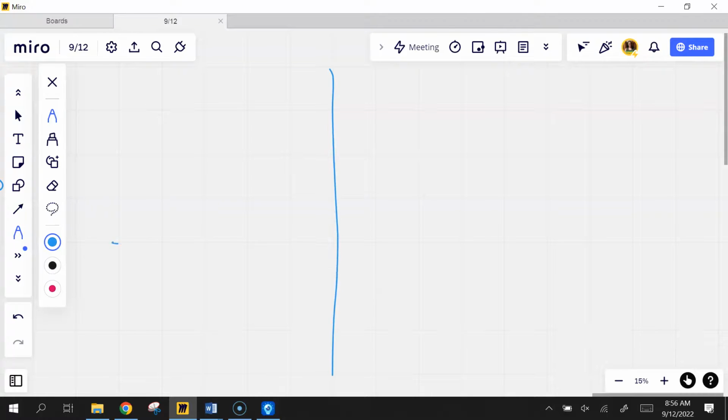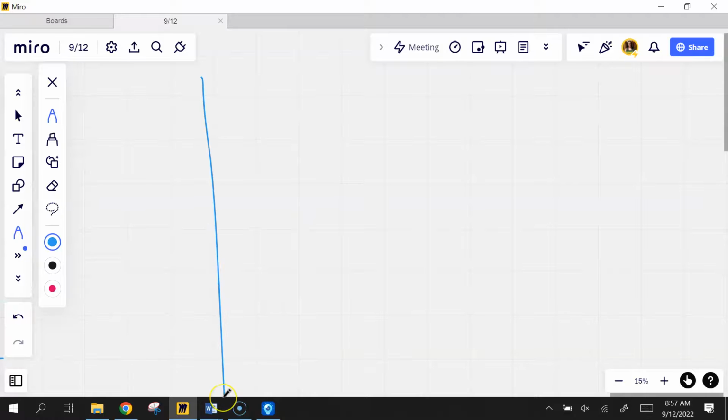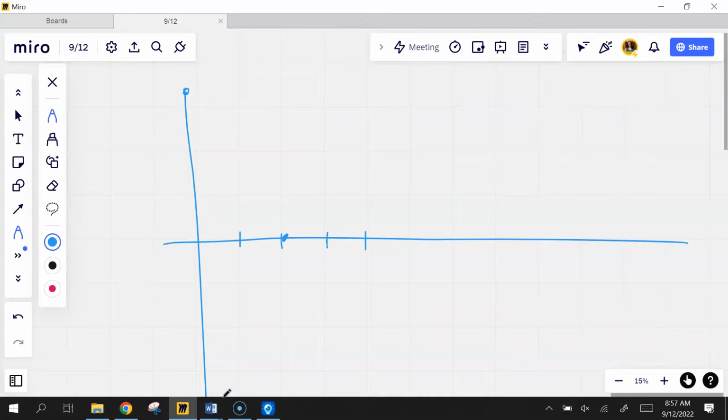Before we do an application type problem, let me show you this. I have this in here now to show you too. 1, 2, and then 3, 4.